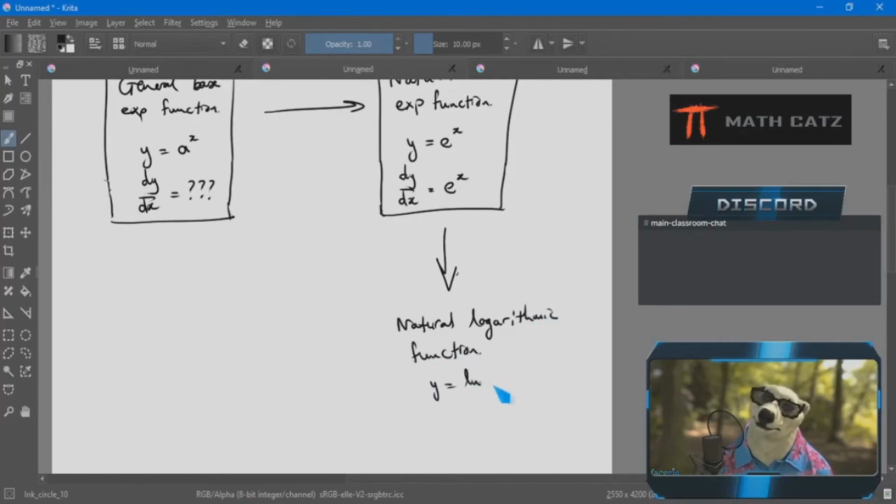Y equals ln of x. You could say log of x. Some people say ln of x. Really the only two options I'm interested in.